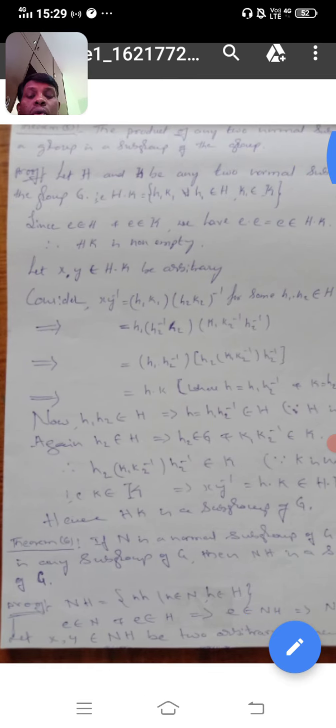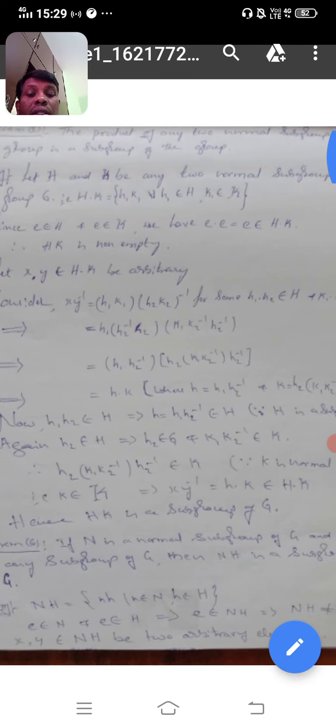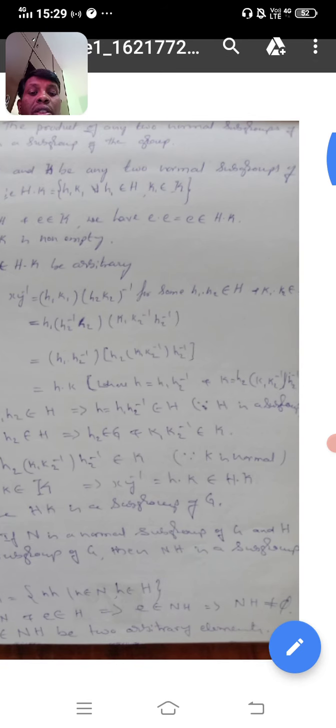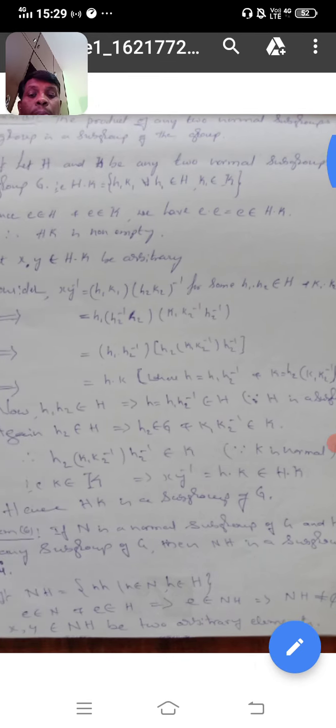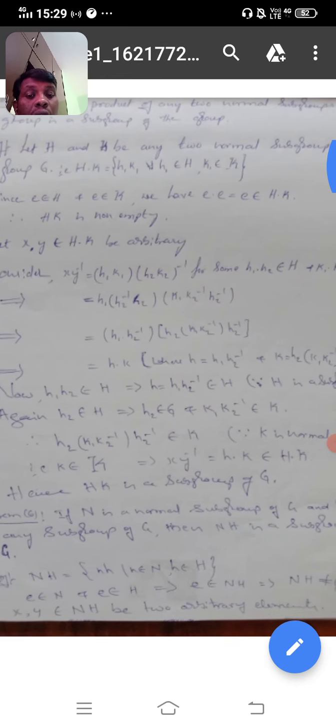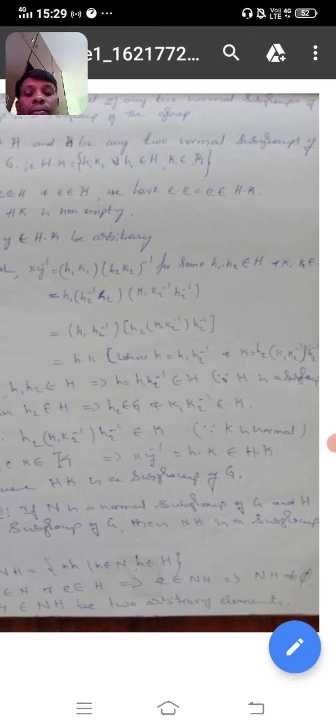Now, where h1 and h2 belong to H, it implies h1 into h2 inverse belongs to H, since H is a subgroup. And again h2 belongs to H, it implies h2 belongs to G, and k1 k2 inverse belongs to K. Therefore, h2 into k1 k2 inverse into h2 inverse belongs to K, since K is normal.